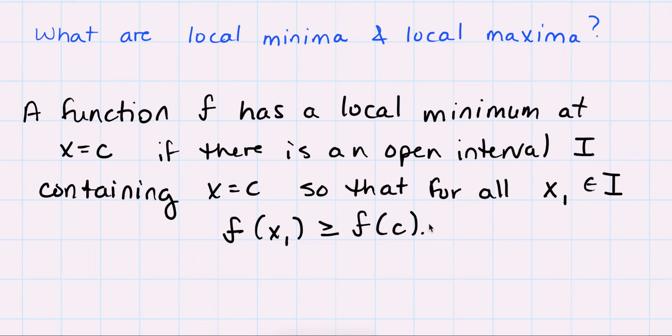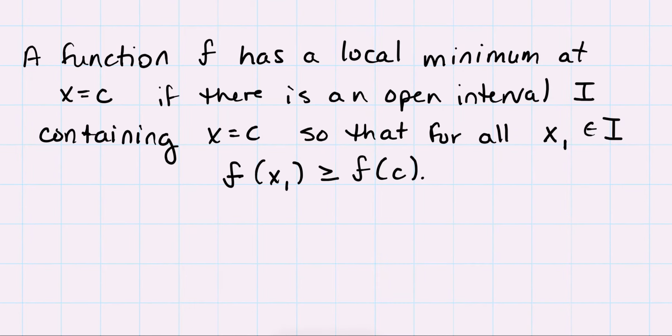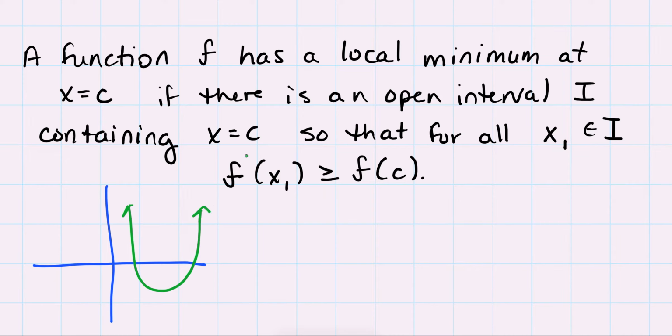I'm going to give you the definition first, and then I want to talk about what it means visually. So I'm going to give you a graph. Let's say the graph looks like this. It's a parabola. We have a minimum. Visually, you want to think of a minimum as a valley.